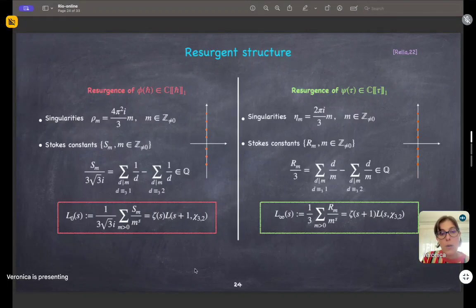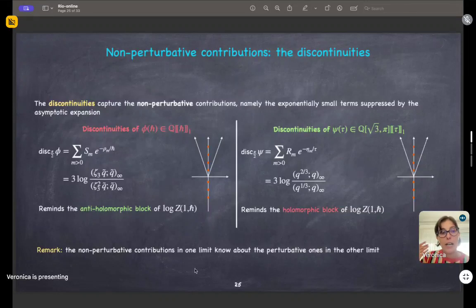Okay. Now, this is the resurgence structure. The non-perturbative contributions, we sometimes call them discontinuities. The idea is that if you collect the residues, moving these two contours, one above the other, what you get is essentially a generating function of the Stokes constants, where the parameter that gives the generating function is given by the residue computation at this point.